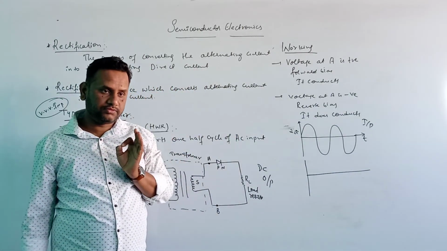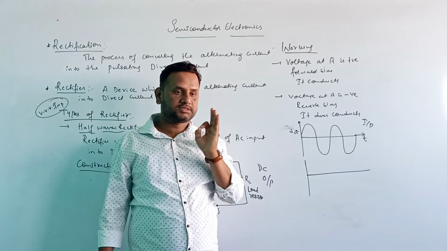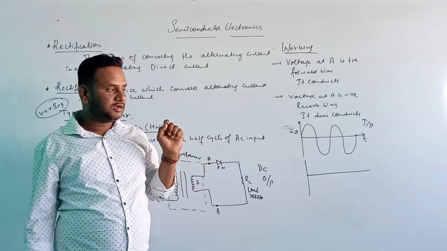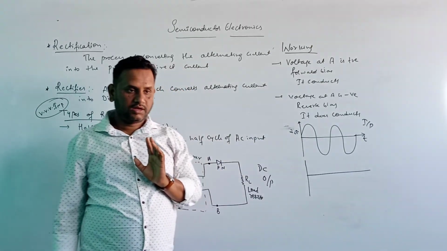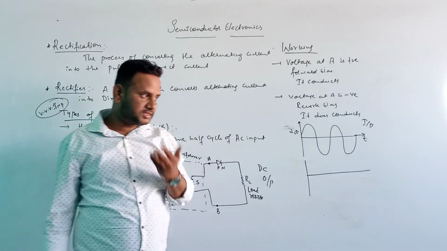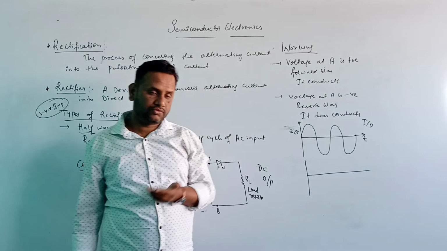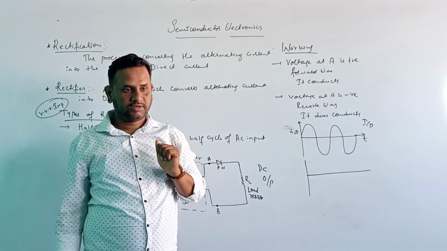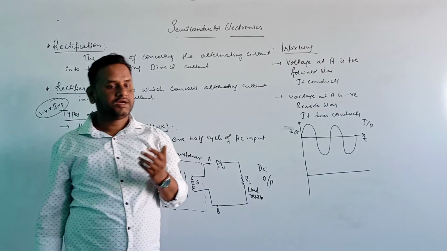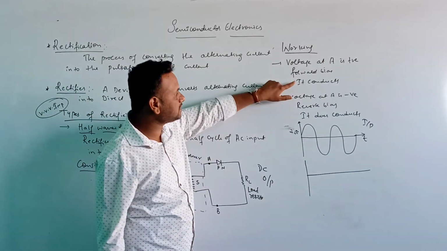Up to a certain value of voltage, the current is remaining constant. After that certain value, when we increase the voltage, the current is exponentially increasing. When it is increasing, it means it is conducting. So here it is conducting.